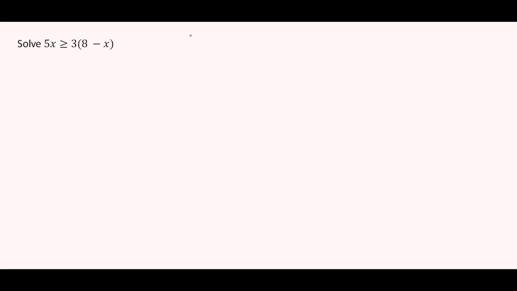Next question, we still have to honor PEMDAS because we have parentheses. So we have 5x greater than 24 minus 3x. So we add 3x to both sides of the inequality. So we have 8x greater than 24.